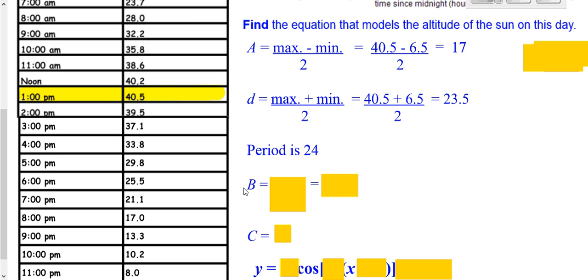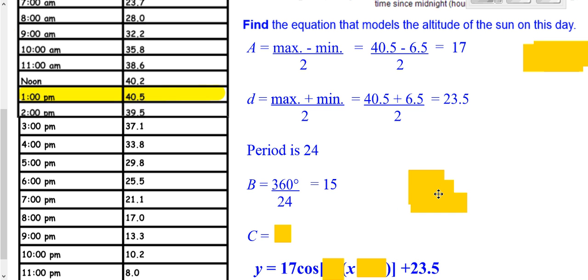So we're going to go 24 times B equals our normal period. But to get B by itself, you have to divide by 24. So I'm going to take 360 over 24. That gives me a B value of 15. So once again, my A value was 17. My D value was plus 23.5. I just figured out B right here, and that is 15.